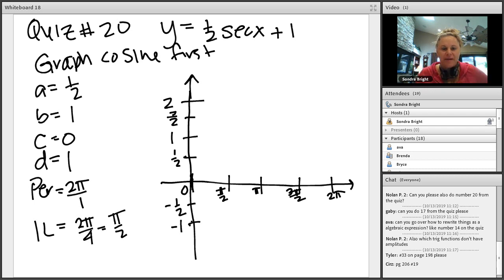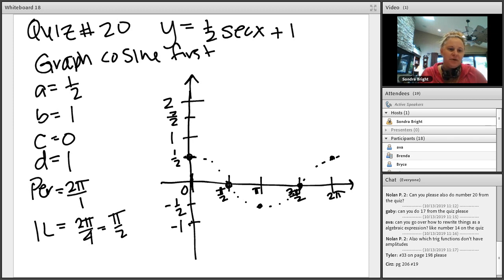Okay, so I'm going to graph cosine first, and it starts up high and then comes down to 0 and then down to -1/2 and back up to 0 and then to +1/2. So that's cosine.